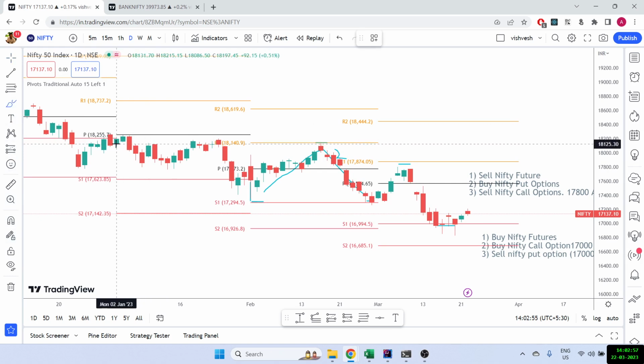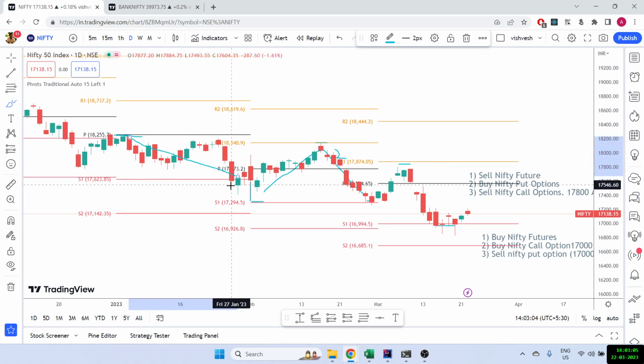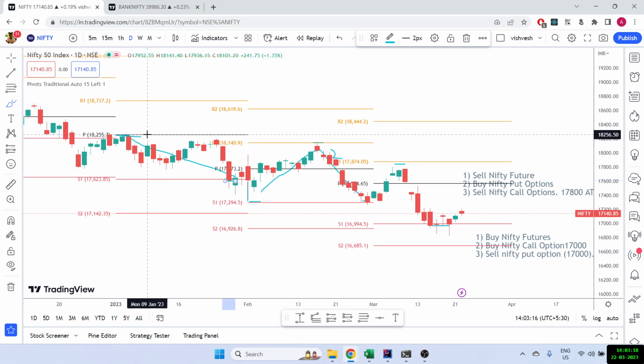If we talk about this one, Nifty actually opened right at the top. You can see right at the top, and then it fell down and finally was able to hit the lower band almost at the fag end of the month. Now in this case, you will notice that the resistance was taken on the pivot levels.